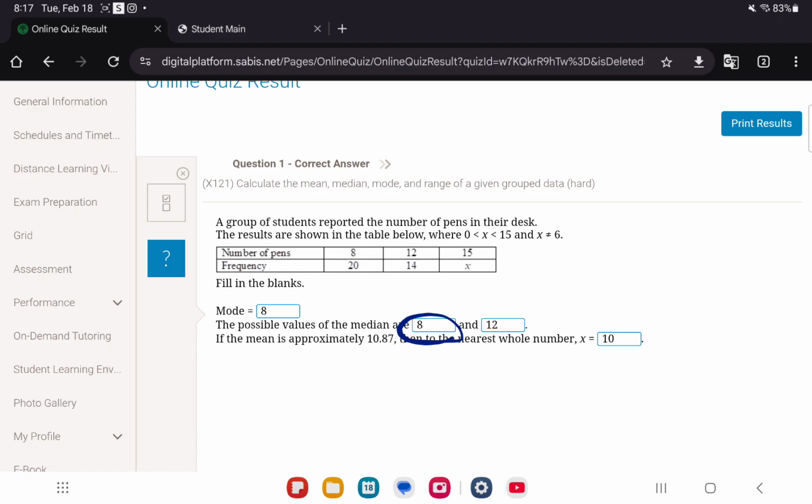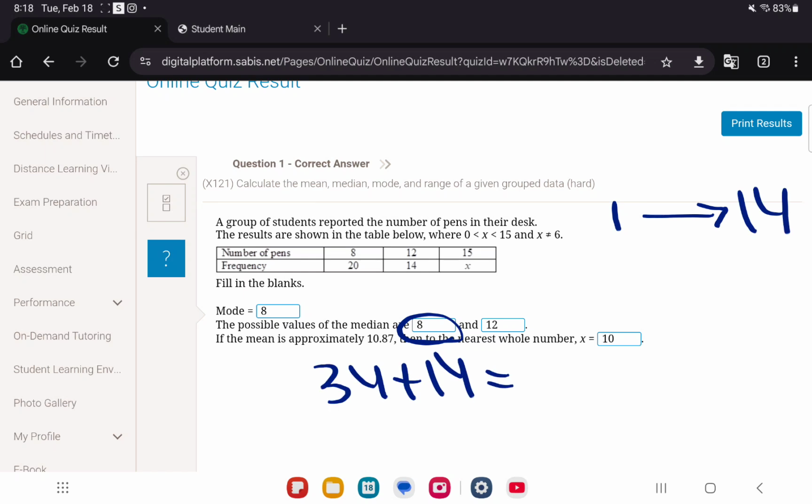Okay, so let's try now 14, because we said from 1 till 14, right? So 34 plus 14 is 48, over 2 is 24. Okay, so where can we find the 24th value?